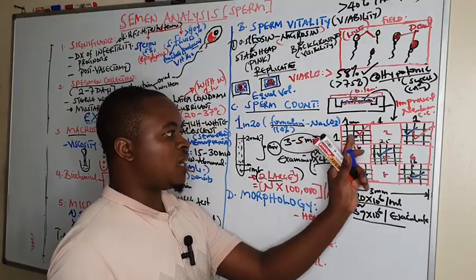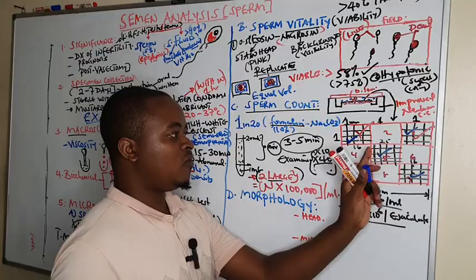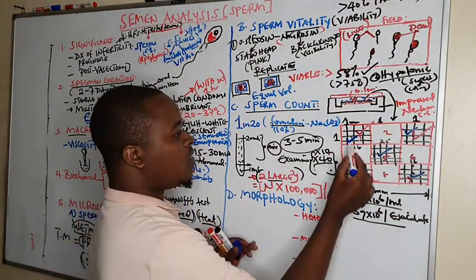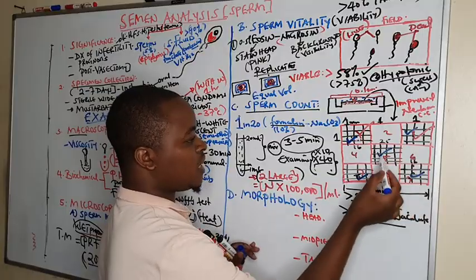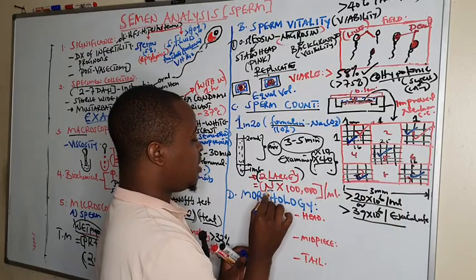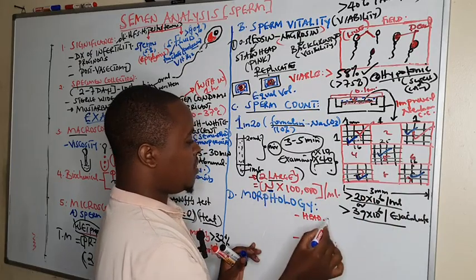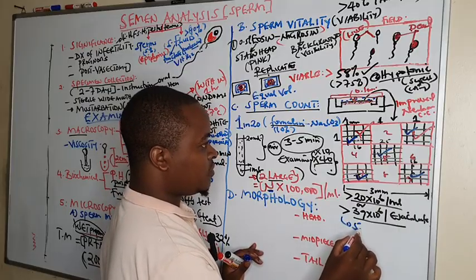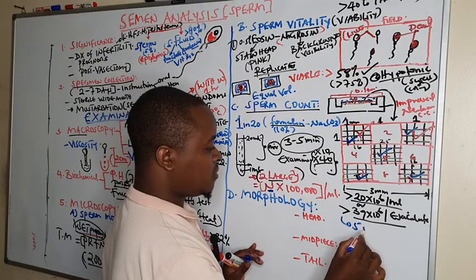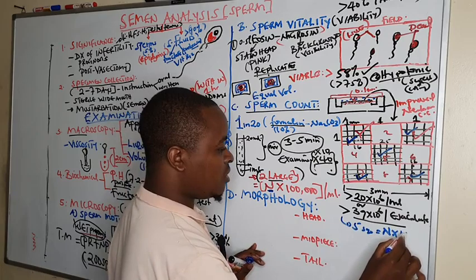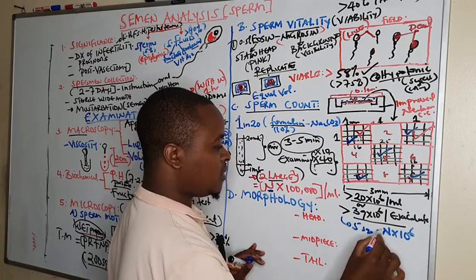And we know the corner square has 16 small squares, whereas the central has 25 small squares. So if I count in the 4 corner squares and the 1 central square, the formula changes. The formula will be number counted times 1 million, that is times 10 power 6.